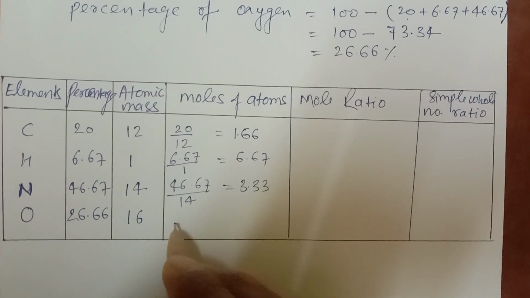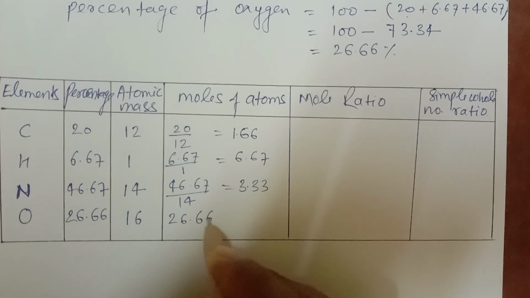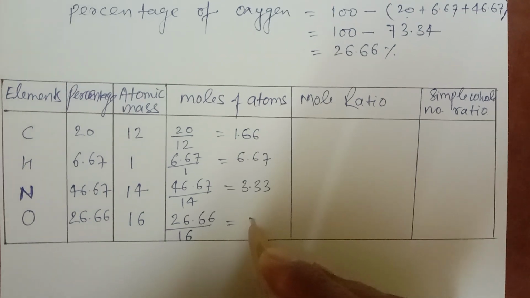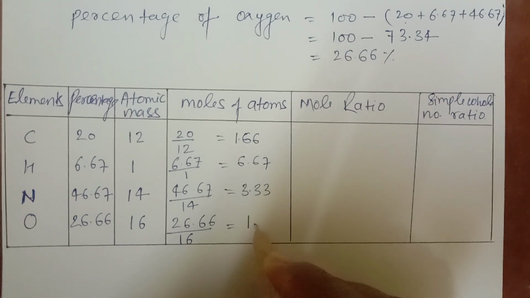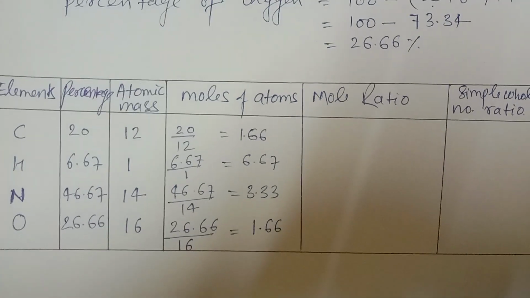Finally, moles of oxygen is 26.66 divided by 16, which gives 1.66.